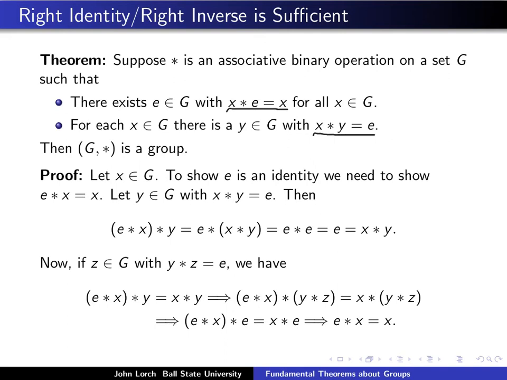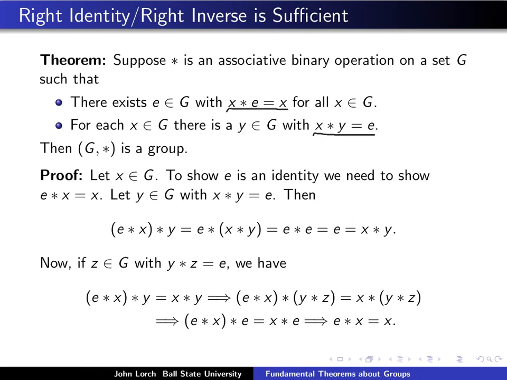So what that would mean is that the existence of this right identity and these right inverses implies that this right identity is actually a two-sided identity, and that this right inverse is actually a legitimate two-sided inverse. So those are the things that we need to show in order to prove this theorem.